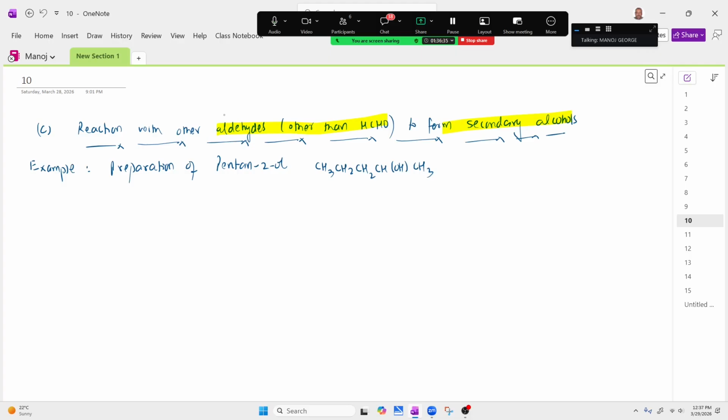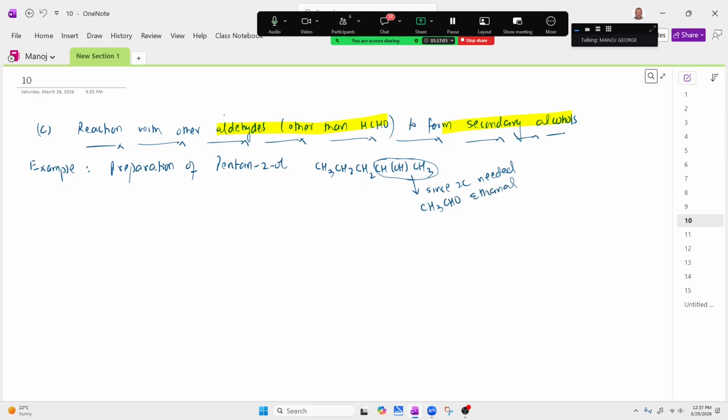So now what happens? This secondary alcohol, this entire CHOH bit, has to come from an aldehyde. Now I can clearly see there are two carbons here, right? So that's how I come to know, because since two carbons are needed, my aldehyde has to be CH3CHO, which is your ethanal.